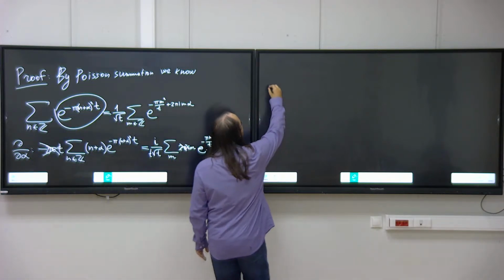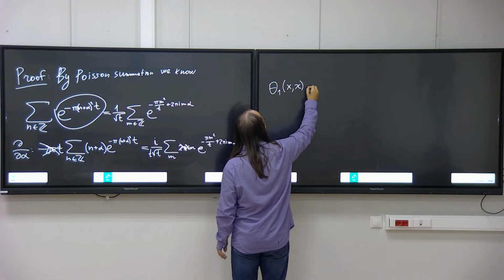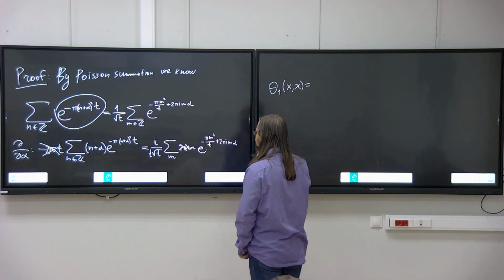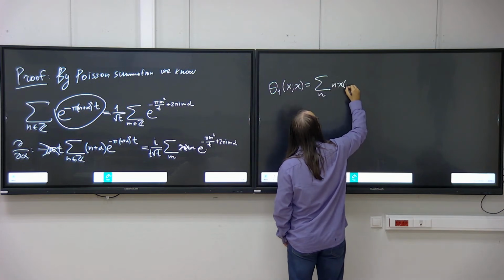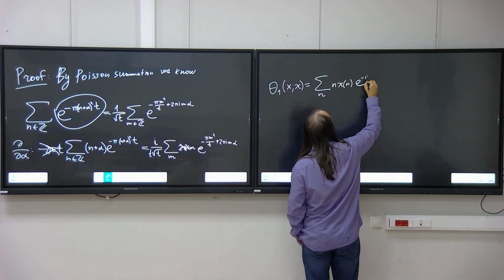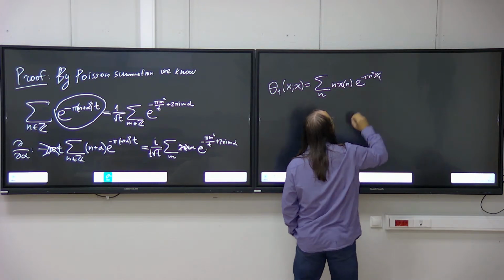Now, theta 1 of x, chi is equal to the sum over all n of chi of n, e to the power minus pi n squared x over q.